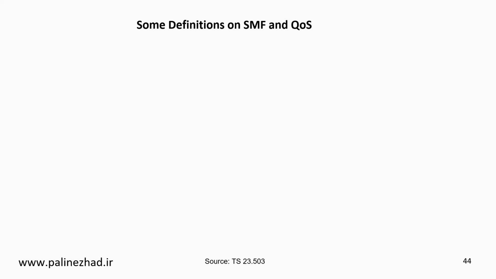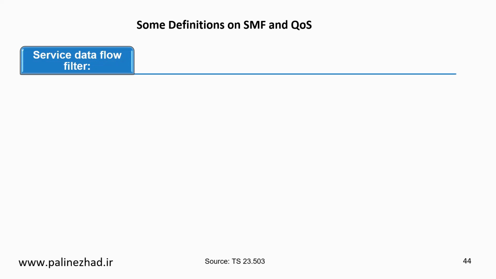These terms are related mostly to the SMF, Session Management Function, in the Core Network. The first one is Service Data Flow Filter. We have seen this term in Chapter 2, where SDFs are classified from IP flows. Here it is defined as a set of packet flow header parameter values used to identify one or more of the packet flows in the UPF.